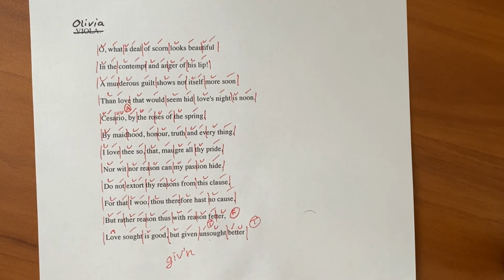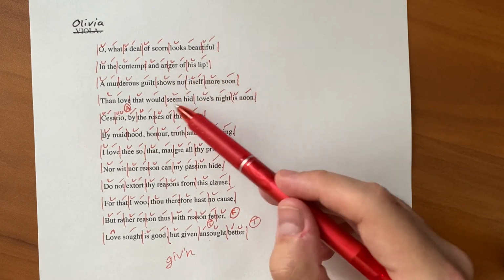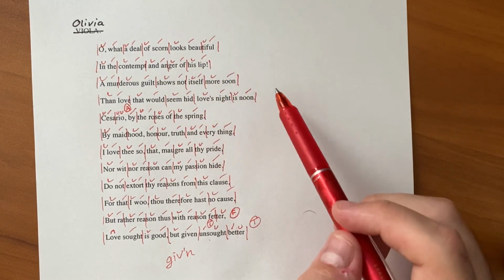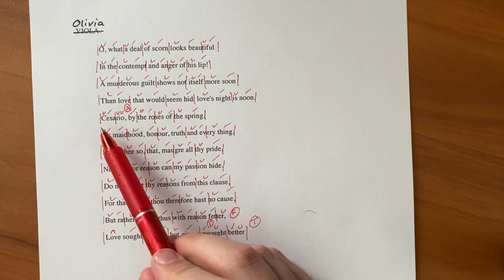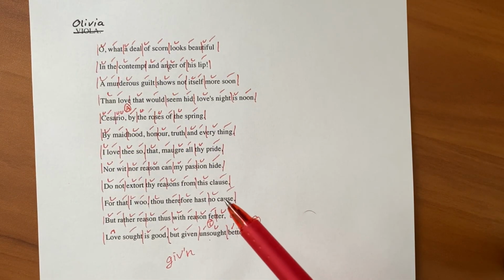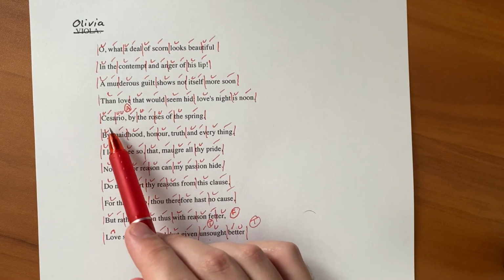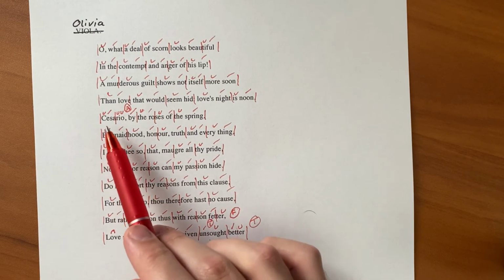So you can see at the beginning of this speech, our verse and our iambic pentameter is pretty regular. When we get to the word Cesario, Cesario is the interest of Olivia. Olivia is in love with Cesario. We get a little funky on Cesario here.